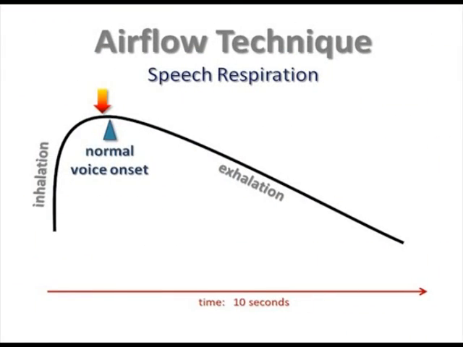But breathing for speech is a little different. What we see is that the inhalation phase is much quicker, and the exhalation phase is stretched out. We use our musculature to keep the exhalation phase of respiration going longer because that's the air on which we speak. But still, there's a particular point where inhalation turns into exhalation.